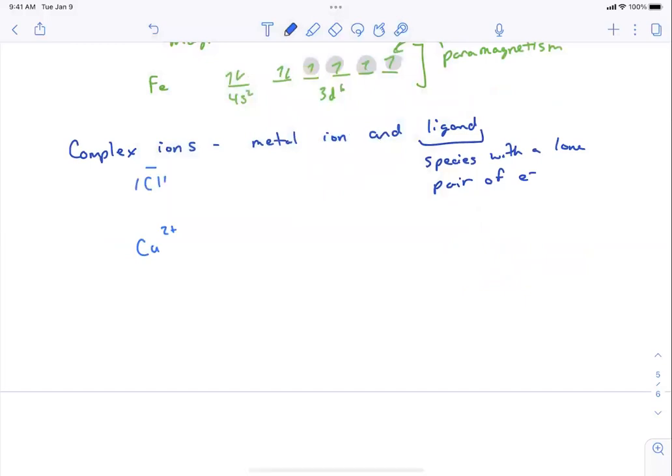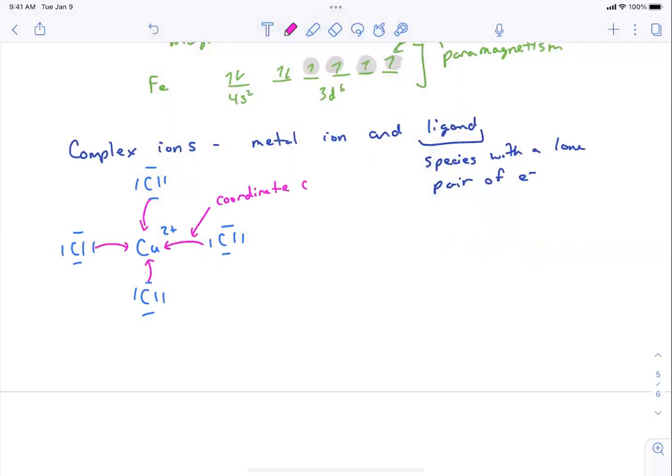Chloride, Cl minus, is a ligand because it has a lone pair of electrons. And what happens is they each donate their pair of electrons to form a bond. So this is a coordinate covalent bond.